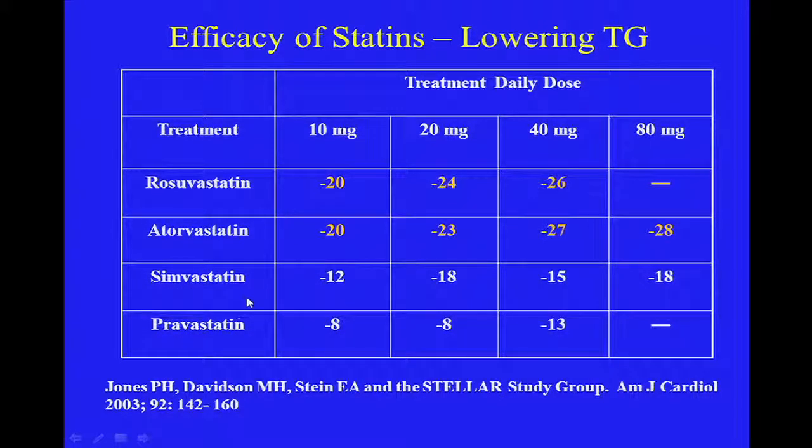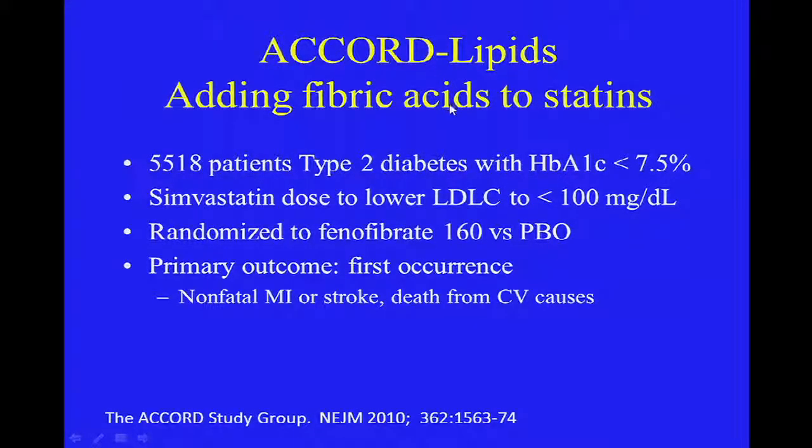If you go back to simvastatin and even to the weaker statins, you see they have a much lower triglyceride-lowering effect, and therefore you want to go to the more powerful ones. So this is ACCORD Lipid. Does adding a fibric acid to a statin make any difference? These were all type 2 diabetics with fairly good control of A1Cs. They had already been on simvastatin, so they had LDLs less than 100.